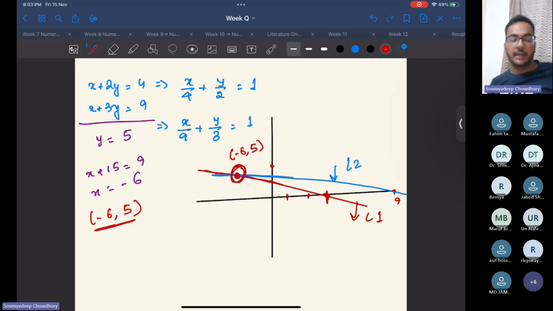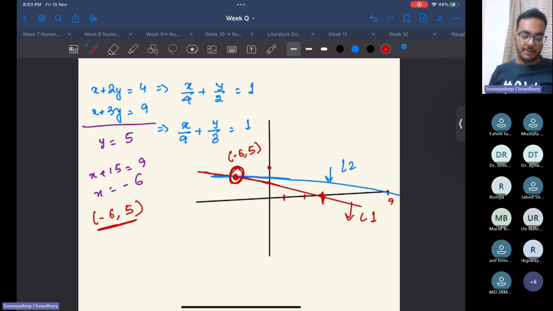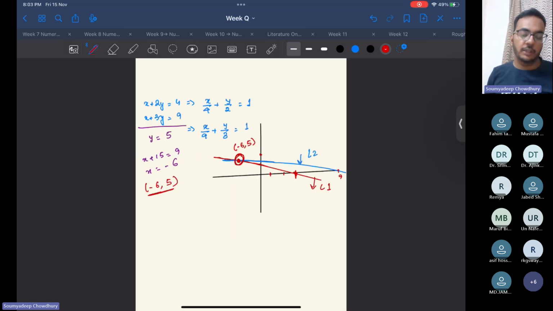The plot is not exact. I'll show you in MATLAB just now. So this is the basic thing for a 2D equation. A straight line is a 2D equation. I described this because I want to go to the 3D thing. In order to explain the 3D equation, I need to first explain the 2D thing.